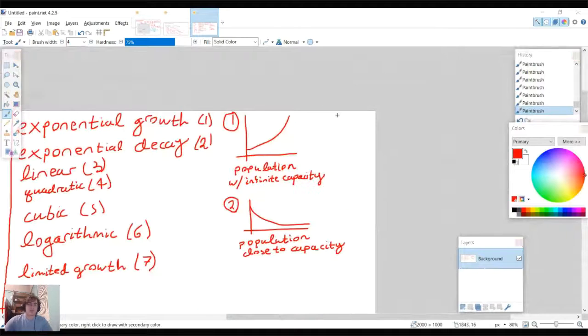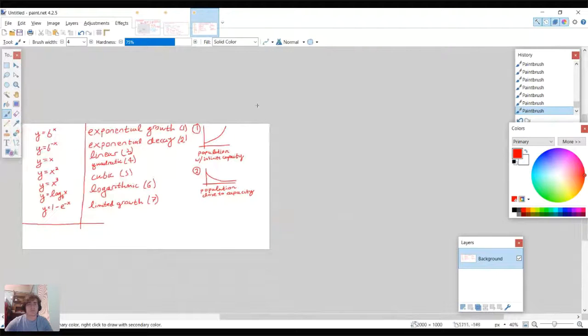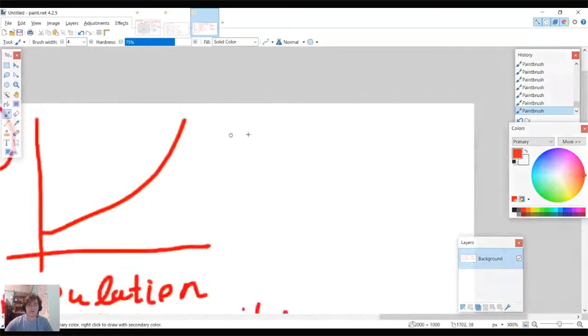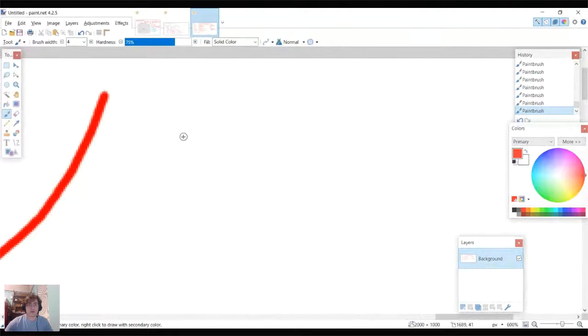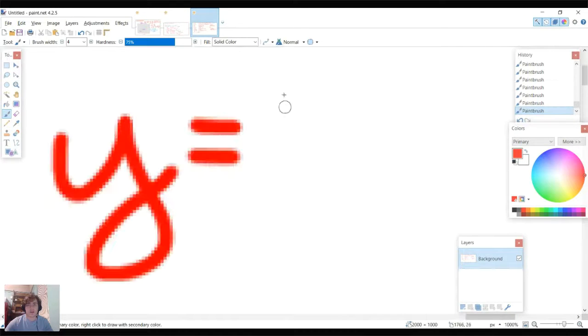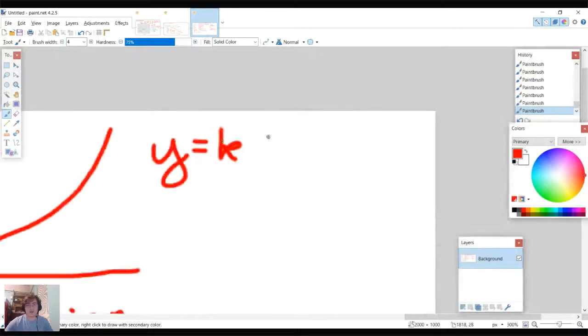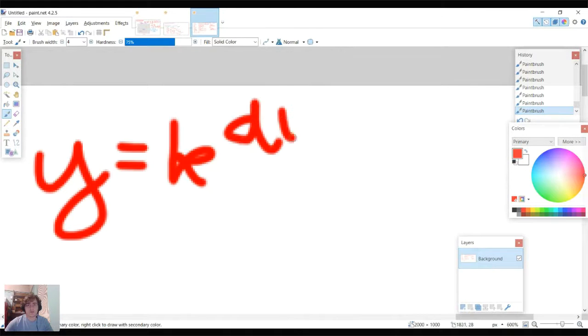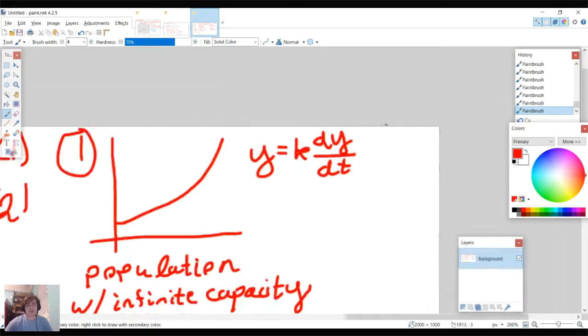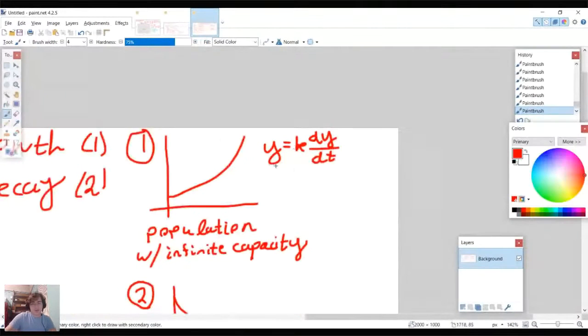The hallmark of graph number 1, exponential growth, is the function itself being proportional to its growth. Essentially, y equals k times the rate of change of y, dy/dt. I'm using some calculus notation here, which says the rate of change of y with respect to time.